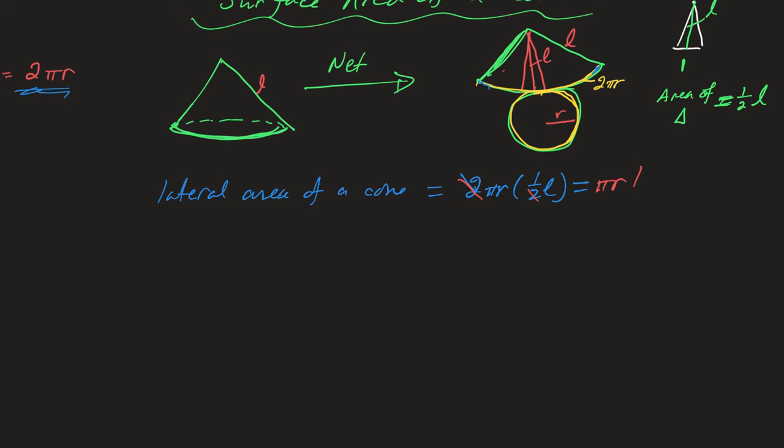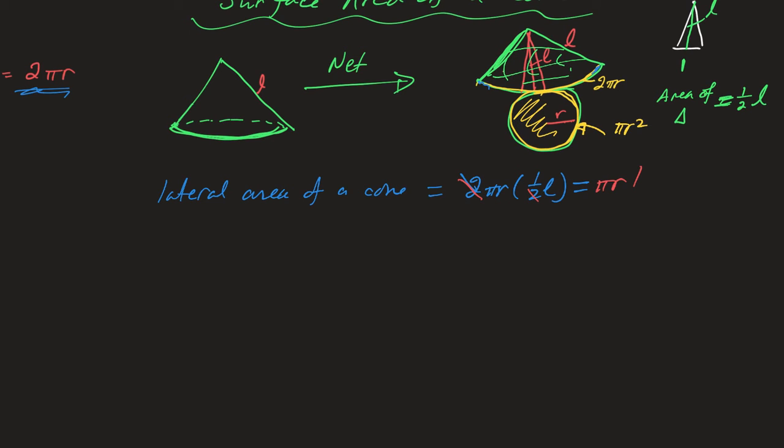And then we know that the area here for this circle is pi r squared. So we add this area plus this area, which will give us the total surface area, okay?